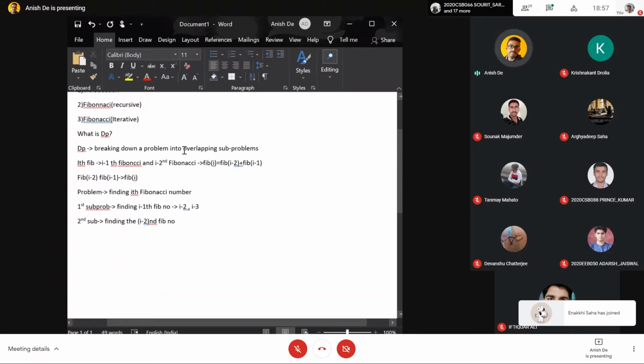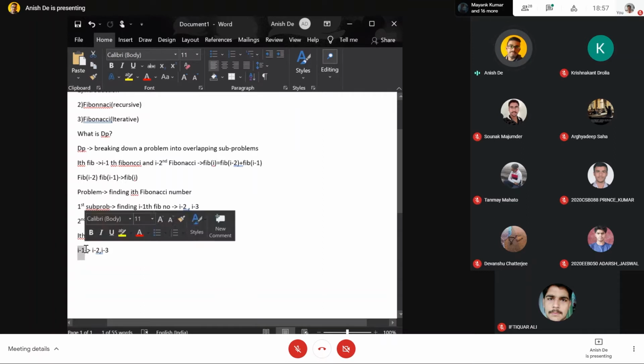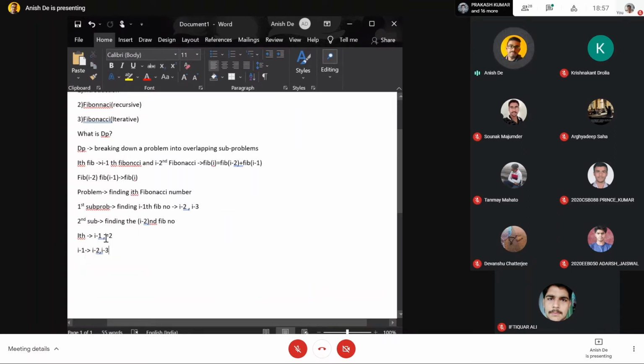For finding the ith number, we first have to find I minus 1 and I minus 2. For finding I minus 1, we have to find I minus 2 and I minus 3. So for finding the ith number we have to calculate I minus 2, and also for finding I minus 1 we have to calculate I minus 2. So some of the subproblems are overlapping in this case, for example these two. That's what I meant by breaking down into overlapping subproblems.